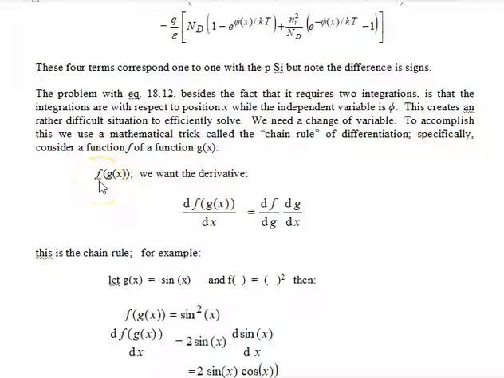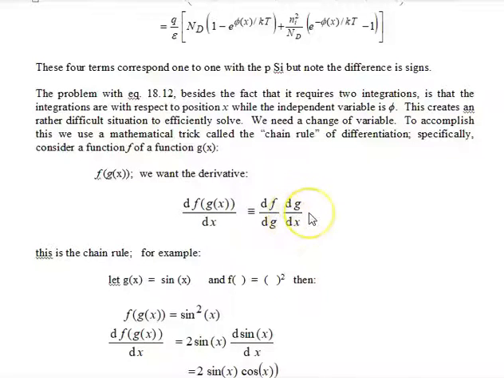So the chain rule says that if we have a function f of a function g of x, and we want the derivative of this function with respect to x, we take the derivative of the function f with respect to g, and then we take the derivative of the function g with respect to x.